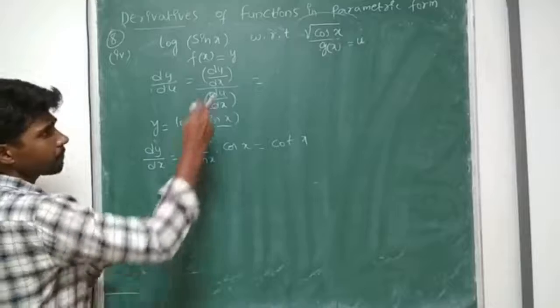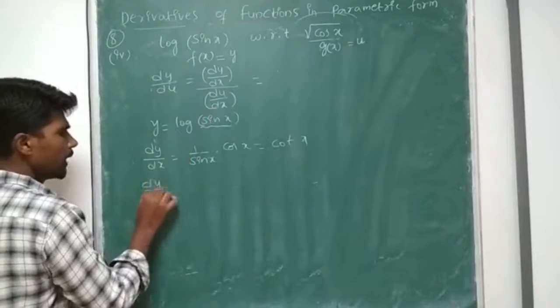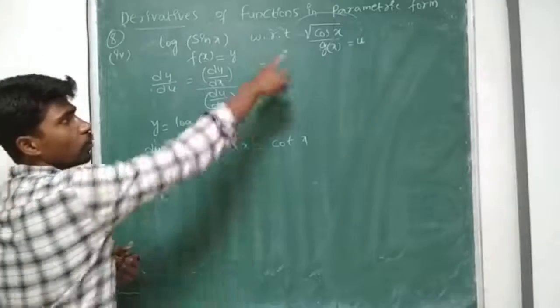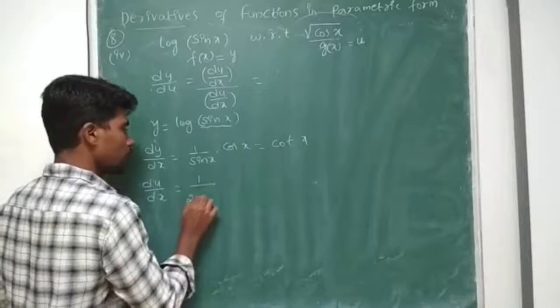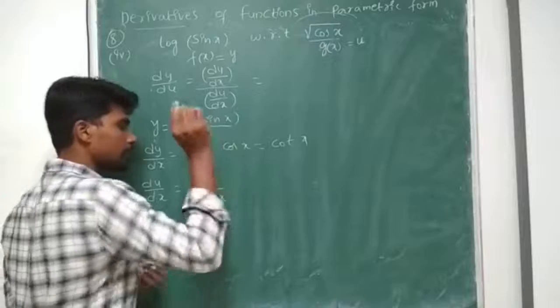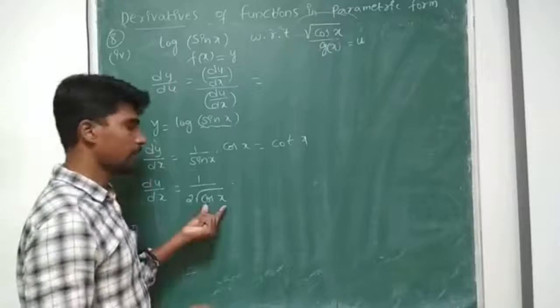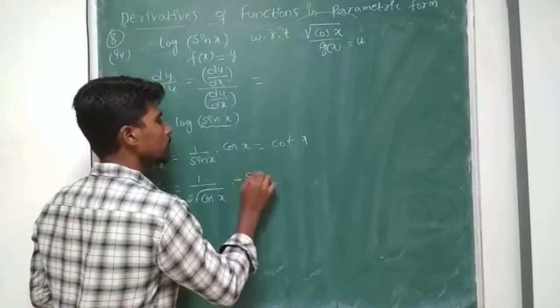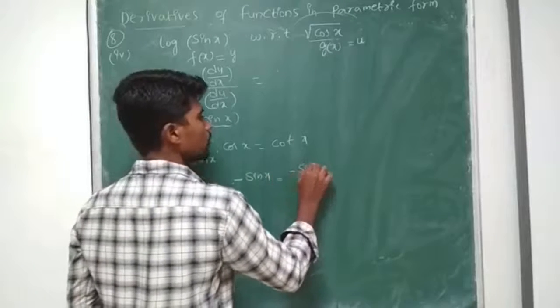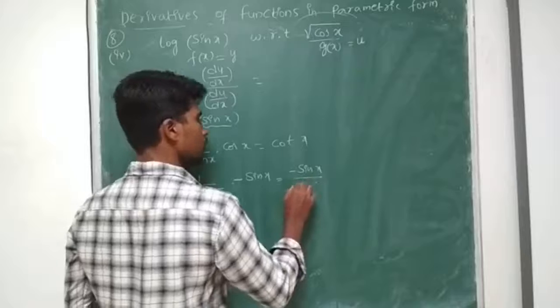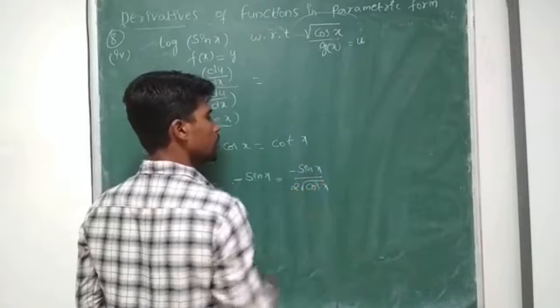Next, du by dx: root cos x gives 1 by 2 root cos x into the derivative of cos x, which is minus sin x. So what I get is minus sin x by 2 root cos x.